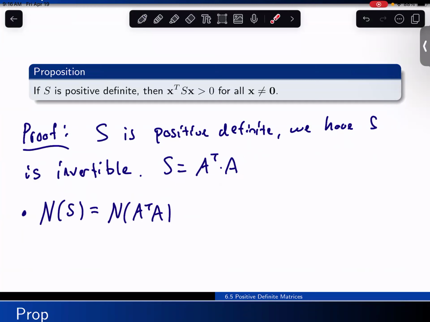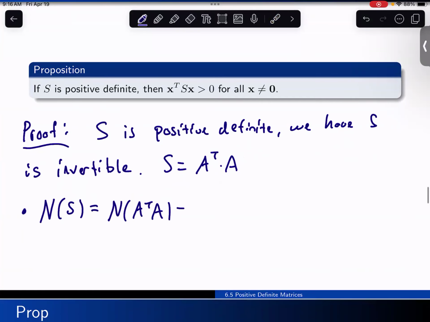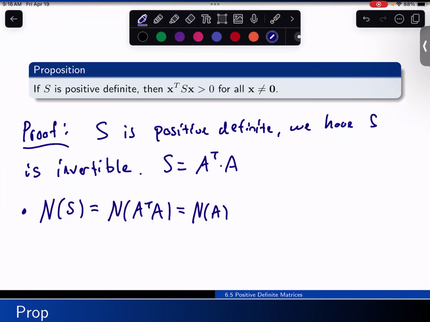And then we showed in section 4.2, way back in the day, that this is equal to just the null space of A. So the null space of A transpose times A always just ends up being equal to the null space of A. And because S is invertible, we know that this null space is just equal to 0.